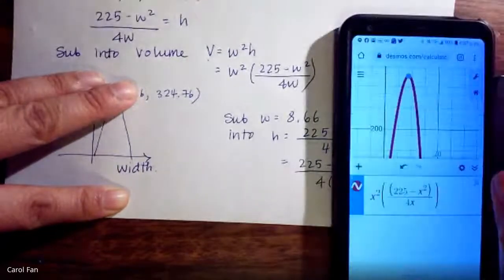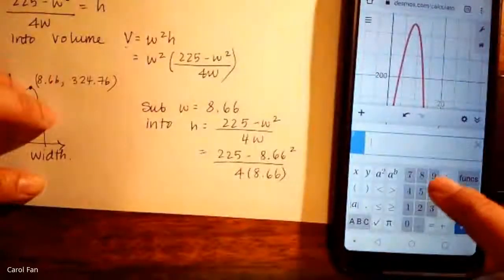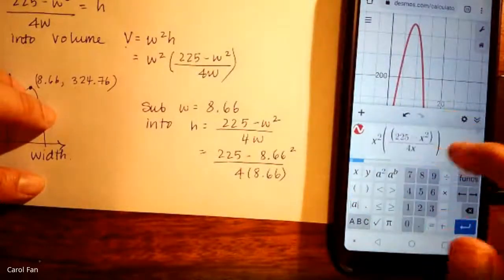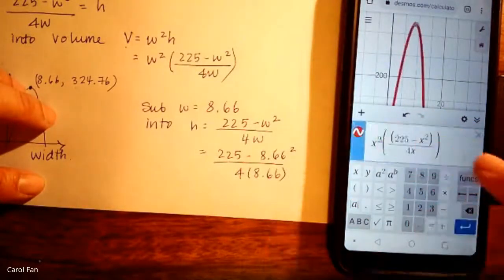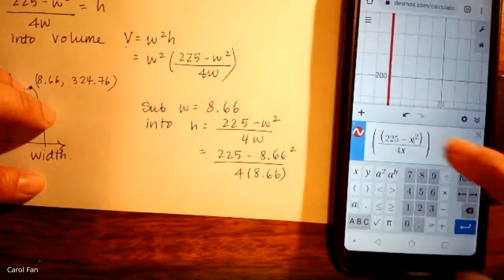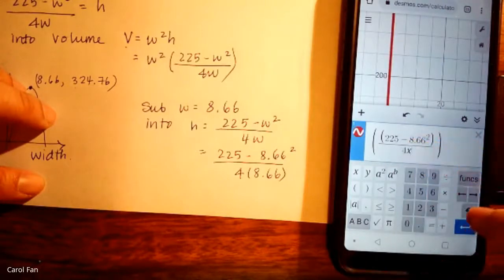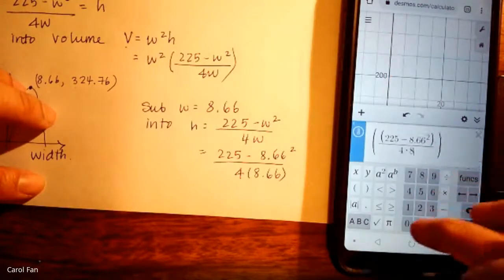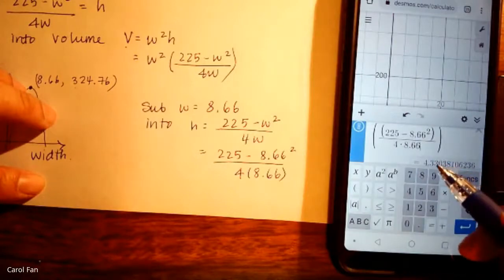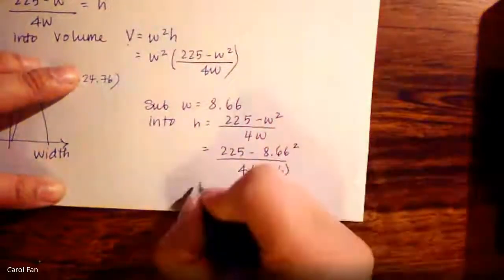Okay, let's use our calculator for this. We can just go back to this. Now I'm going to have 8.66 squared and then 4 times 8.66. The height that we get is 4.33.